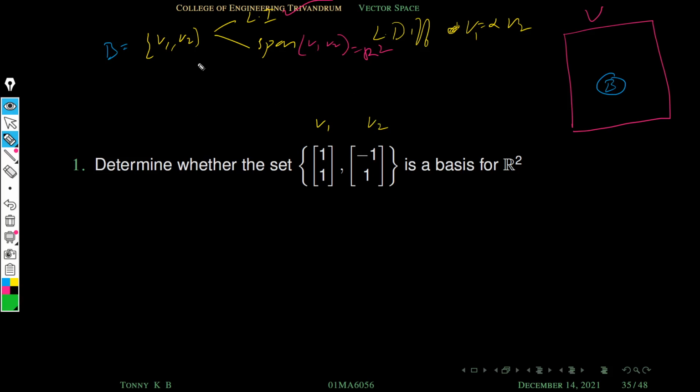It is clear that our vectors V1 and V2 belong to R2, they are two-tuples. Then we have a result.